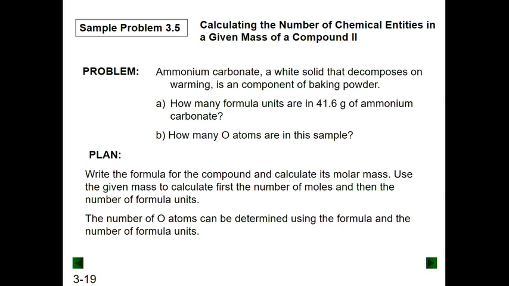We need to start with what we have and transform that into formula units. Remember, formula units are the equivalent of molecules in the case of ionic compounds. So we have 41.6 grams of ammonium carbonate, and we need to cancel the grams, so we use the molar mass of ammonium carbonate.